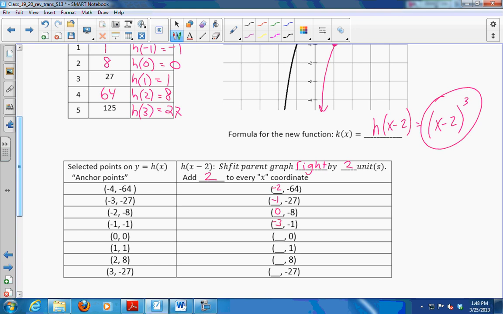Oh, add 2, sorry. Negative 1 plus 2 is 1. So you can just pick a few key points. We know that it's going to shift right 2 units, so to shift right 2 units, add 2 to every x coordinate.